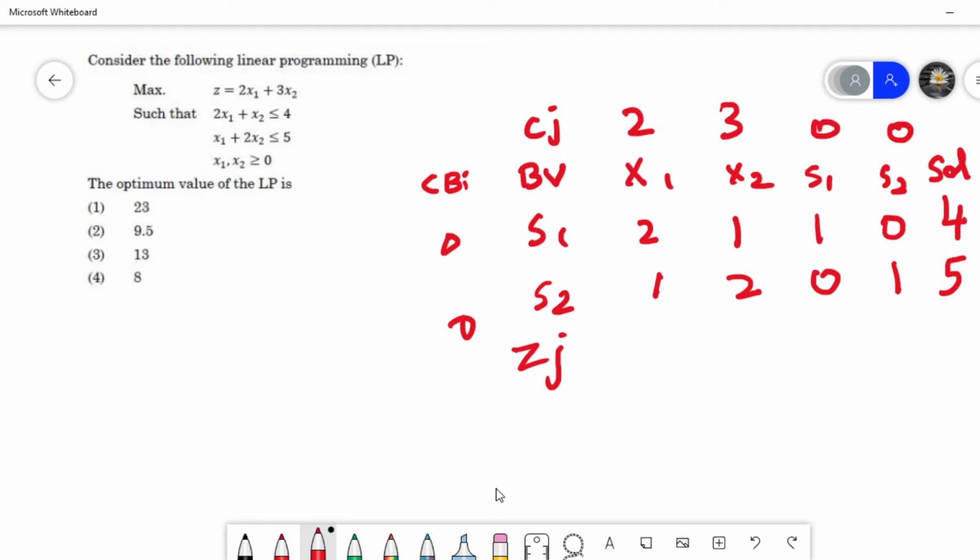So CB into x1: 0 into 2 plus 0 into 1. If we multiply any value by 0, every value becomes 0. So the initial value of Zj is 0.